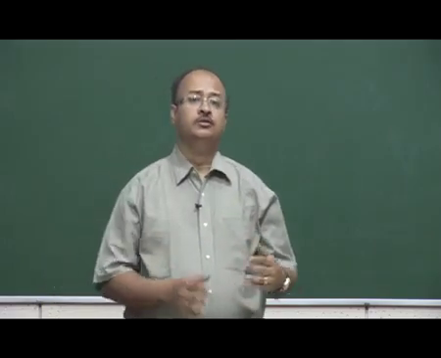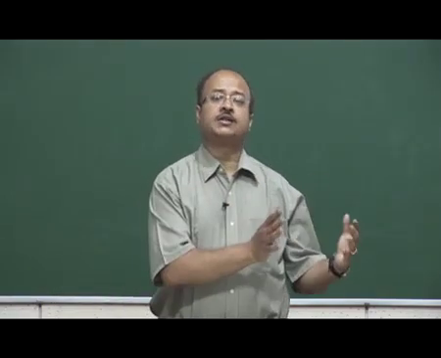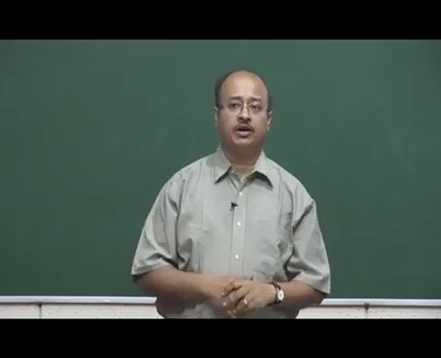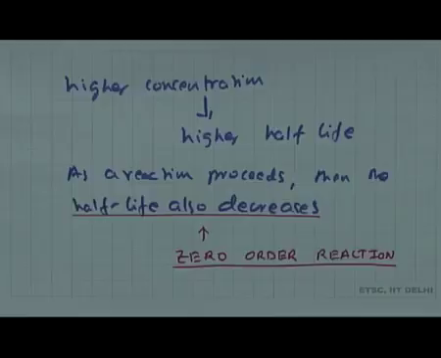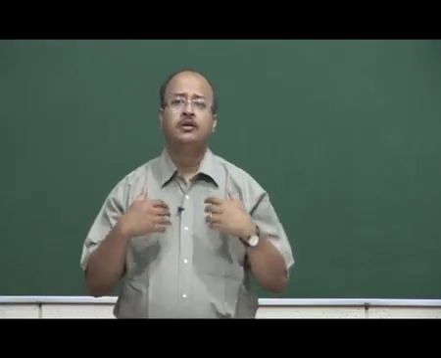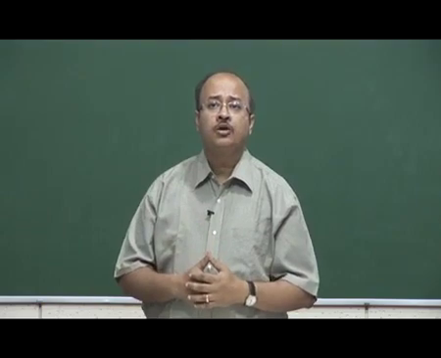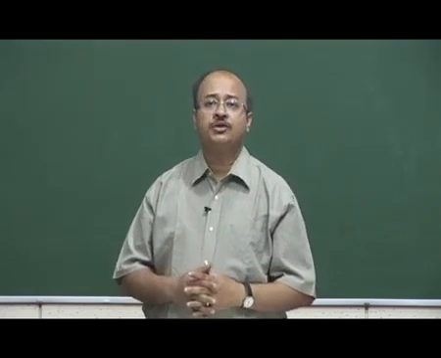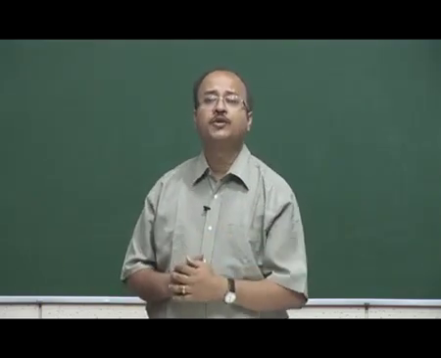Hopefully now, having discussed half life before we started the integrated rate laws or integrated rate equations, that time I was telling you that half life can be used as a preliminary check. Then we moved on to the 0 order, integrated it out, got this linear dependence of the concentration on time, negative slope.